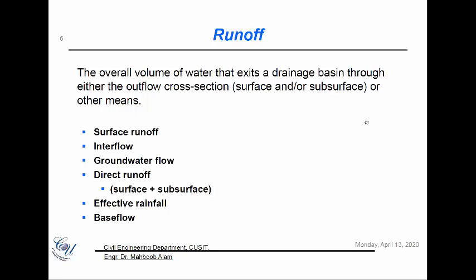They mean the same thing. So whenever water is getting out of a particular area through a certain point, that discharge is called the runoff, and we measure it and use it for different engineering studies.